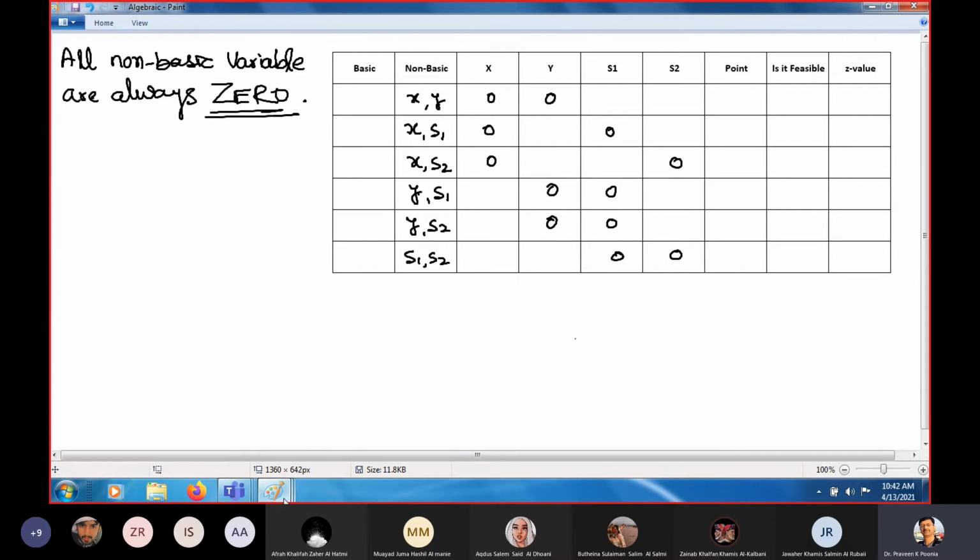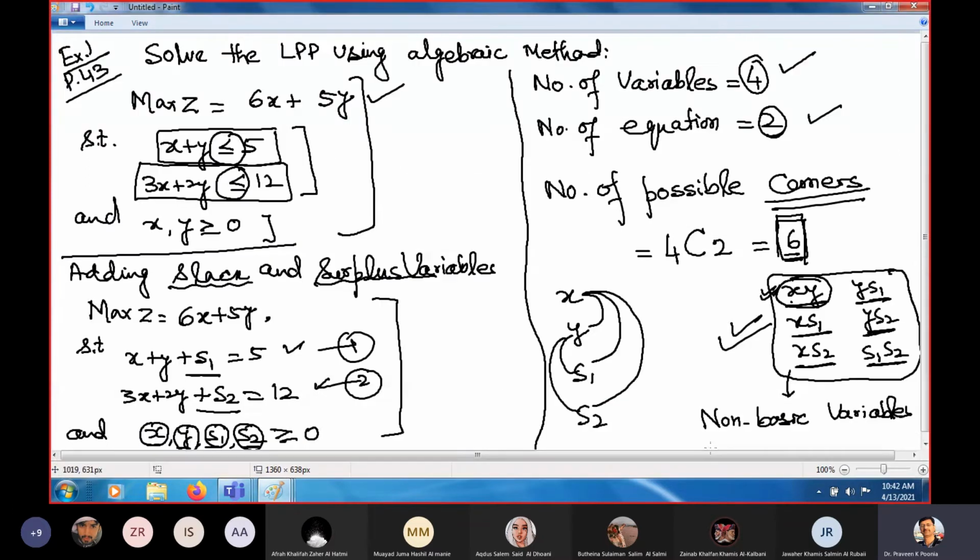Now I will tell you again stepwise how you need to do it. First, the given problem is there. You need to change it into equality by adding slack variable and surplus variable. This is step 1. Then calculate how many possible solutions are there. How many possible corners are there?